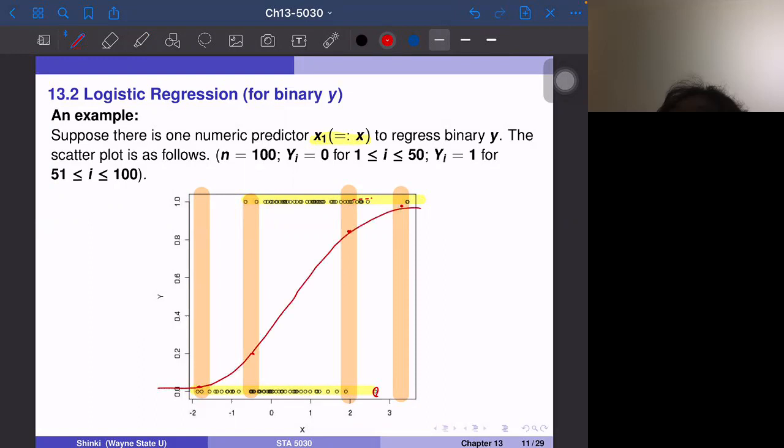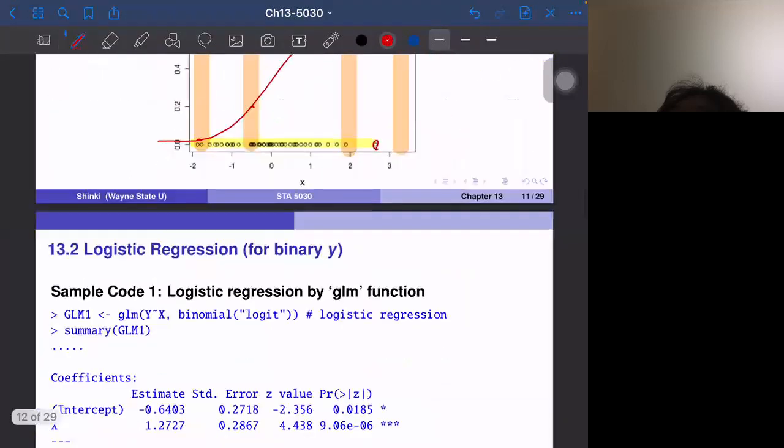So this is the F inverse of x beta, or F inverse of beta naught plus beta 1 x. So in this case, probably beta 1 is positive. So larger x means larger probability of success. So that is our objective.